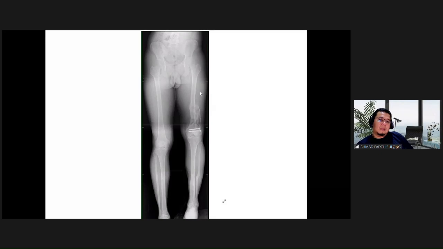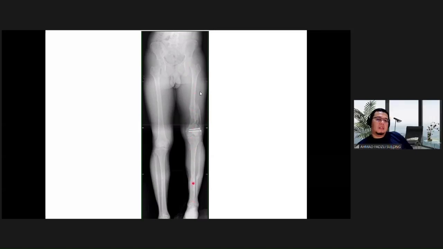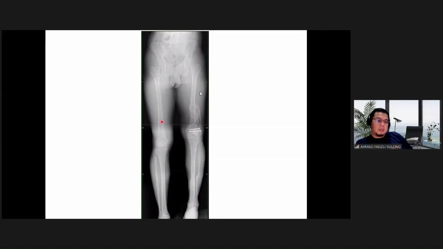Kita akan tarik buat line daripada sini, bawa ke bawah. What is that? Mechanical axis. Oh, good. So this type of X-ray is good for assessment of apa? Alignment, right? Mechanical axis, all your axis is for alignment assessment, right?